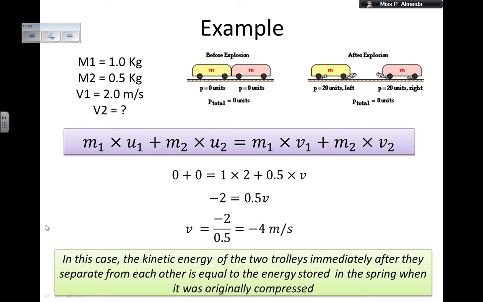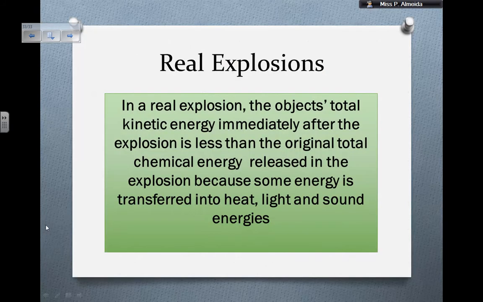In this case, I am assuming that the kinetic energy of the two trolleys immediately after they separate from each other is equal to the energy that was stored initially in the spring when it was compressed. Now, in reality, in a real explosion or explosion-like exercises, the objects' total kinetic energy immediately after the explosion is less than the original total energy.